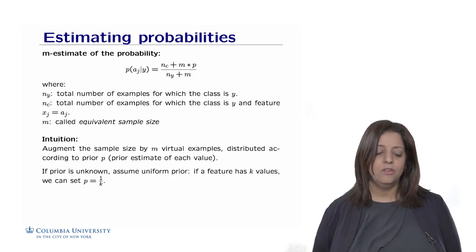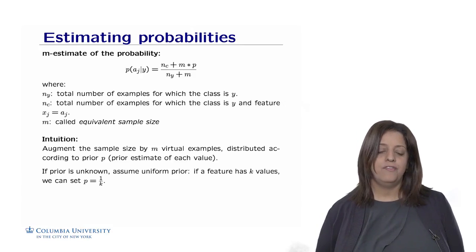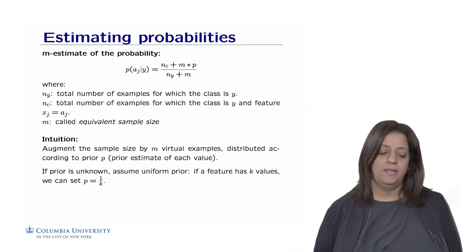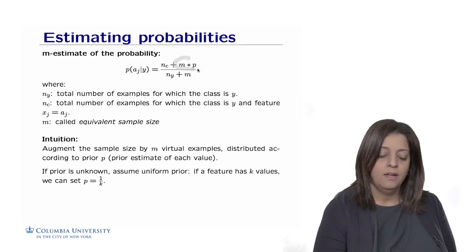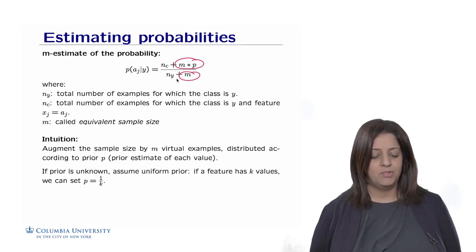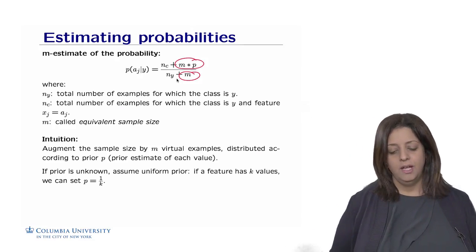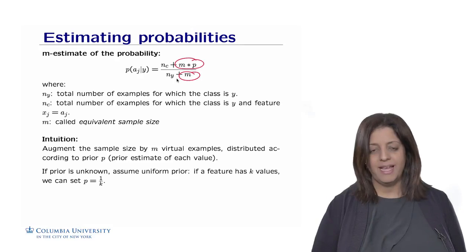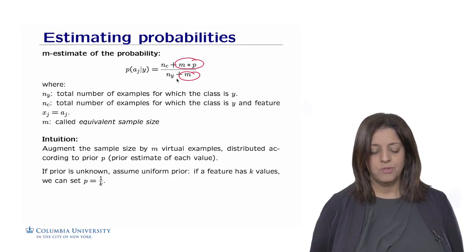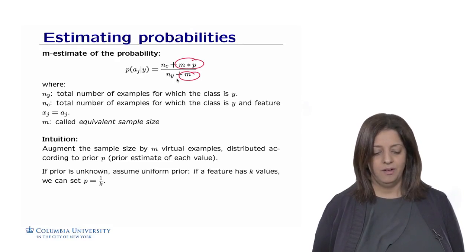So the idea is to avoid having the probability of observing the value aj given y be 0 by augmenting with these m virtual examples. Just giving you an intuition that we could get around the constraint of some probabilities being 0 by adding some values to the conditional probability of aj given y.